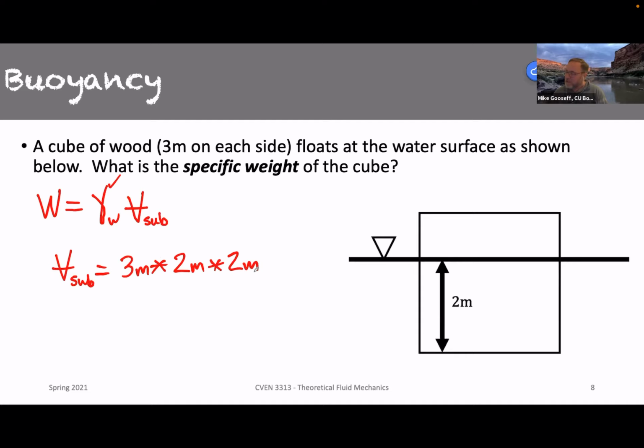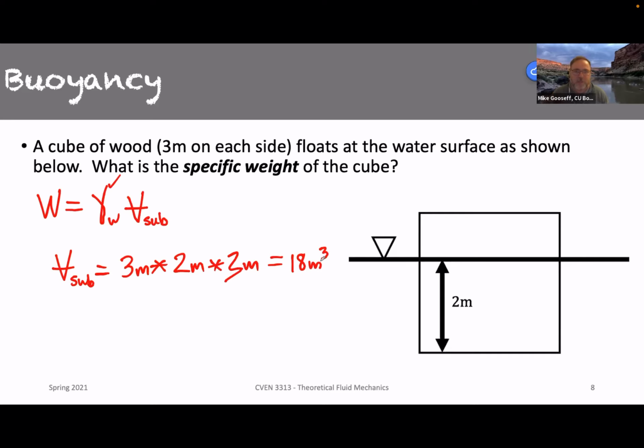No. That's 3 meters, 2 meters. Oh, I guess I'm wrong. That should be another 3 meters across, shouldn't it? So that should be 3 by 2 by 3, right? So that comes out to what, 18 cubic meters?